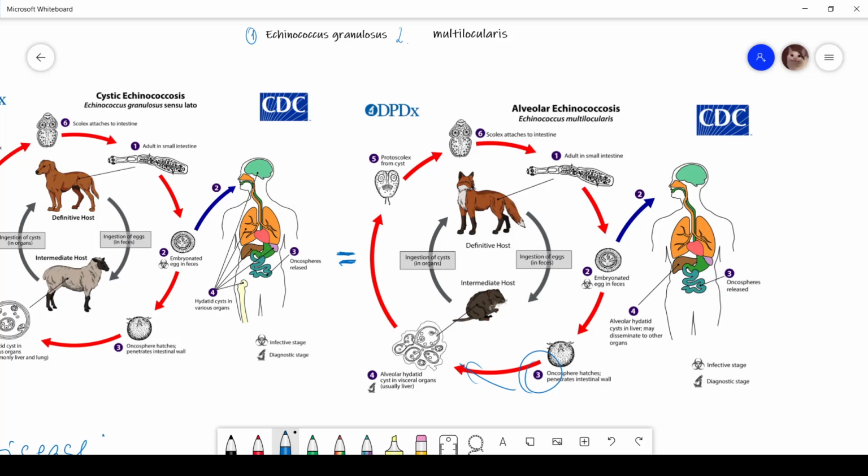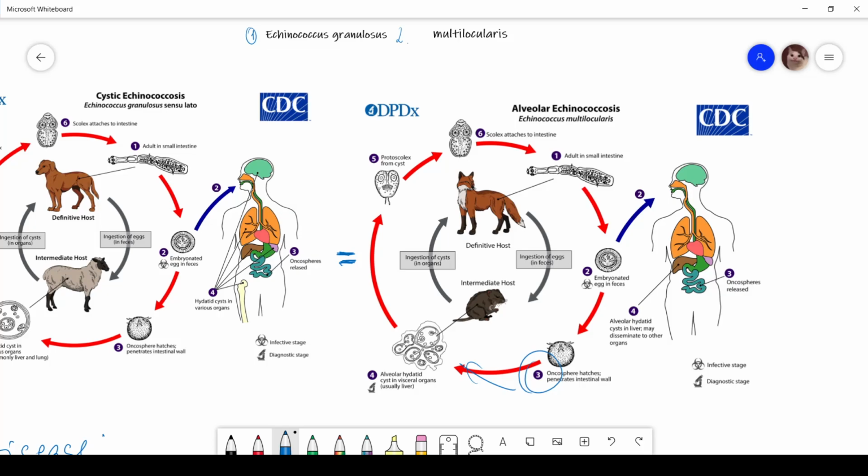The oncosphere develops into a multi-chambered, multilocular and thin-walled hydatid cyst called alveolar, and that proliferates by successive outward budding. Numerous protoscoleces develop within this cyst.